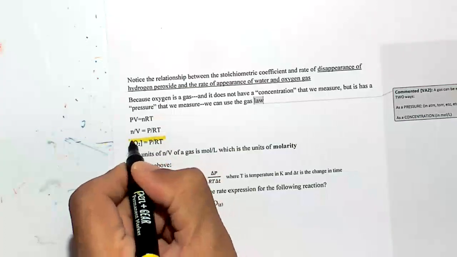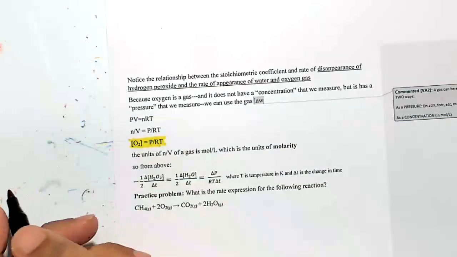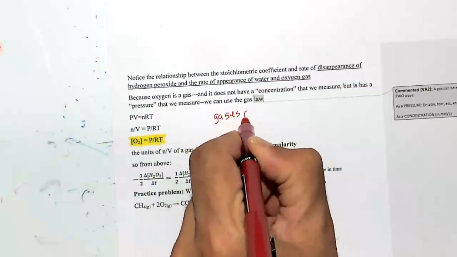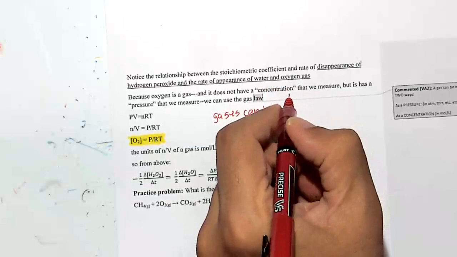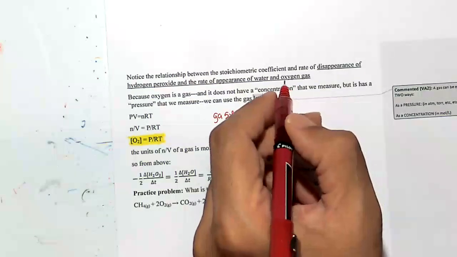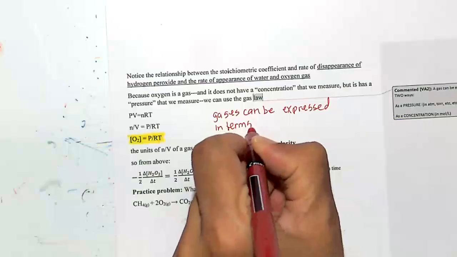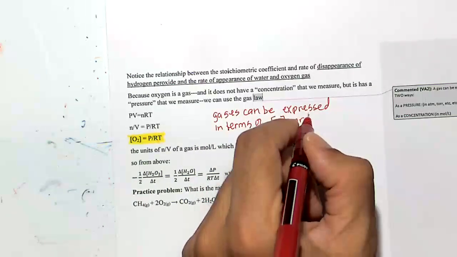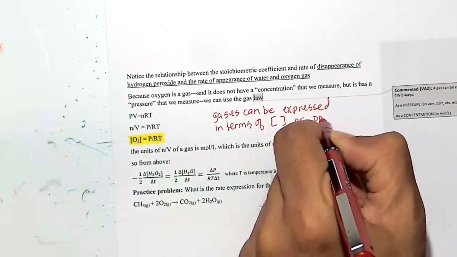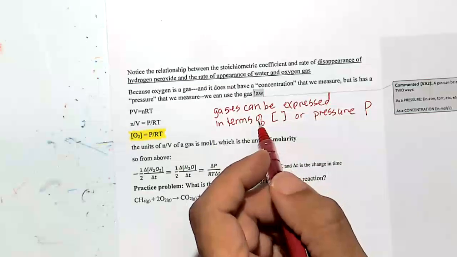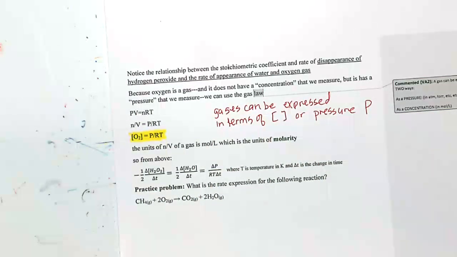The gas can be expressed in terms of concentration, or the gas can be expressed in terms of pressure P. So anytime you see a gas, we may see a pressure or concentration. Concentration is in moles per liter.